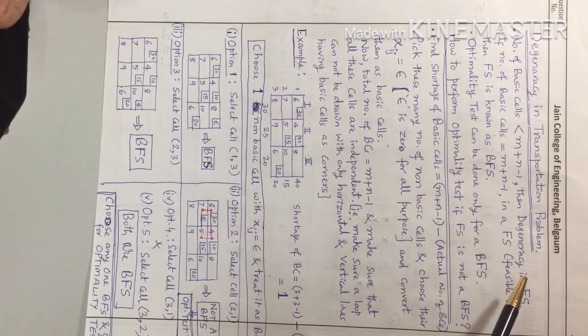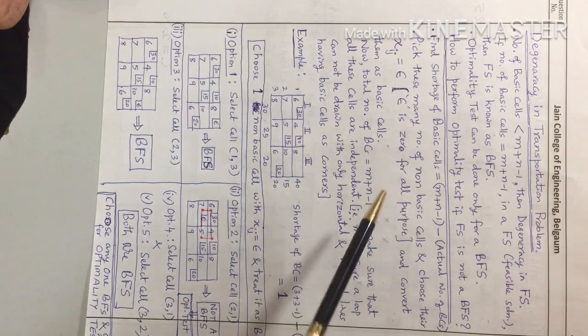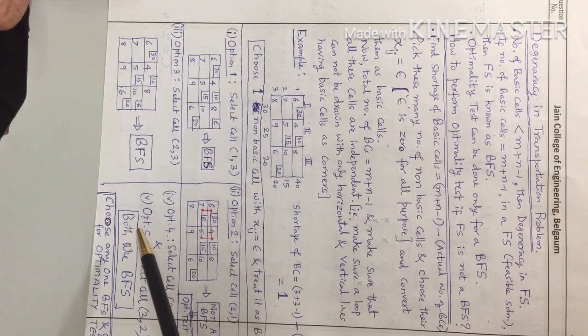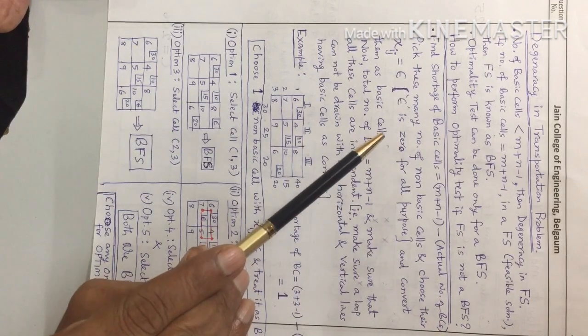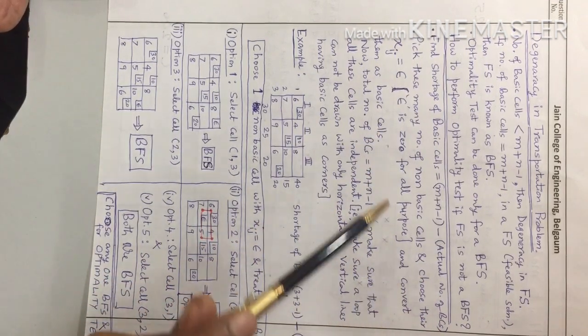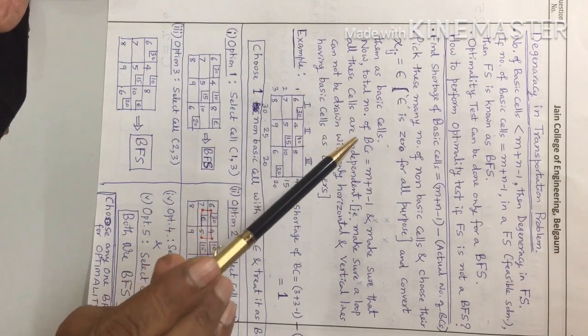Therefore, what exactly is to be done if our feasible solution is not a basic feasible solution? Find first the shortage of the number of basic cells by calculating m plus n minus 1 minus the actual number of basic cells. Pick these many non-basic cells and choose their xij equal to epsilon.